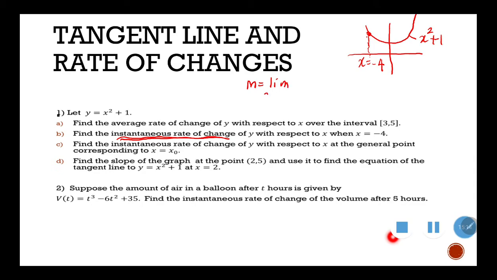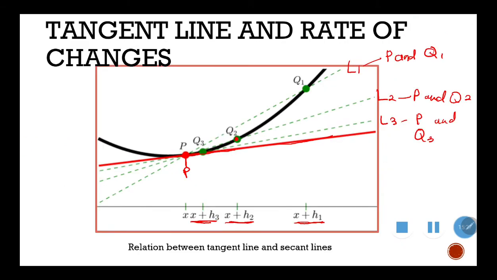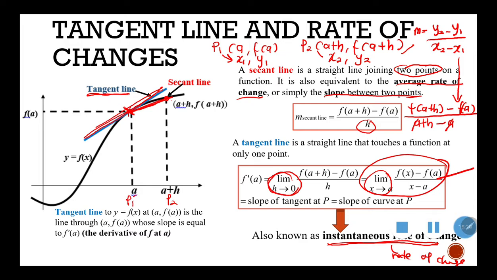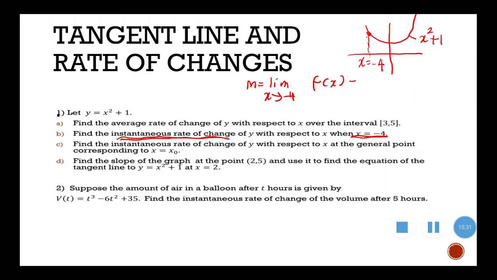So limit as x approaches what, class? -4, and then f(x) minus f(a) over x minus a.